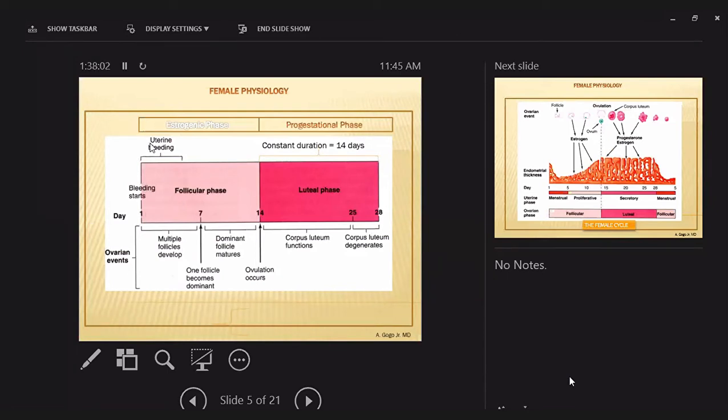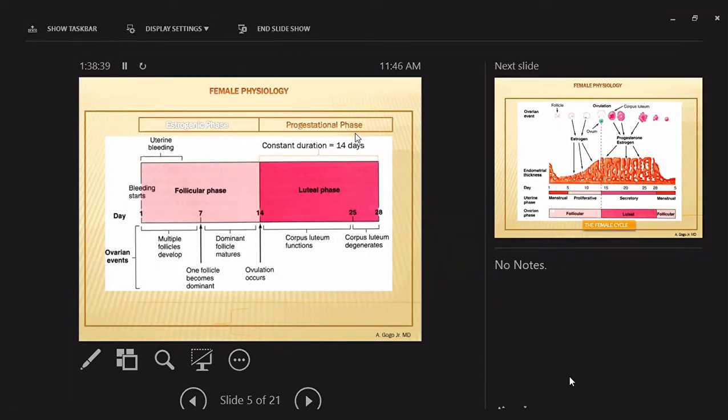So during the follicular phase, we call that estrogenic phase because it is the estrogen that predominates. Here is your menstruation, uterine bleeding, usually day 1 to 5, but some they go as far as 7 days bleeding. Okay.